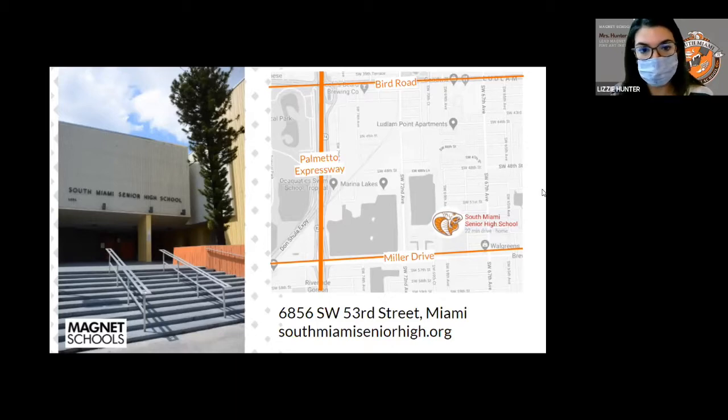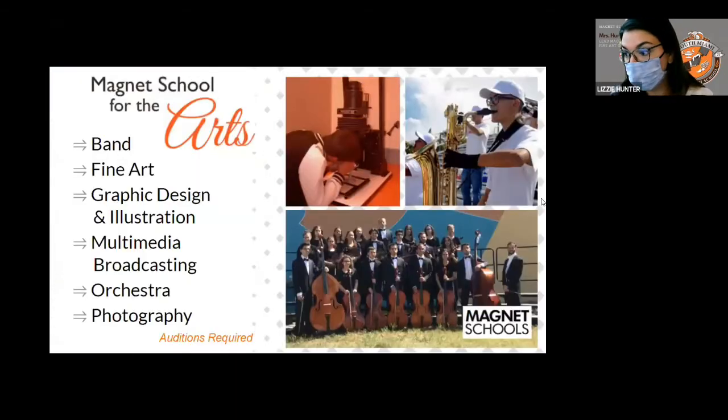And a little bit about the magnet offerings at our school. So these are the programs that we are currently accepting applications for. The regular magnet application cycle actually ended in January, but we have good news. We have already processed all of those applicants and we have a small number of seats in all of our programs available, and we are trying to fill those last few seats through the off-cycle program.